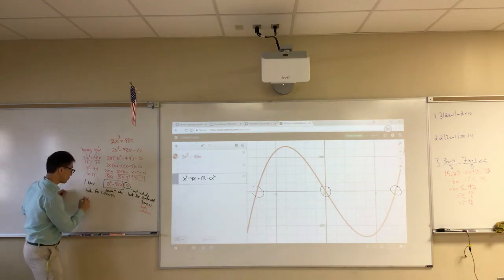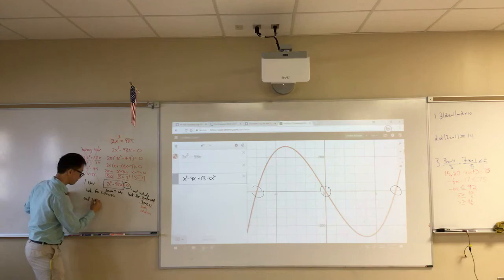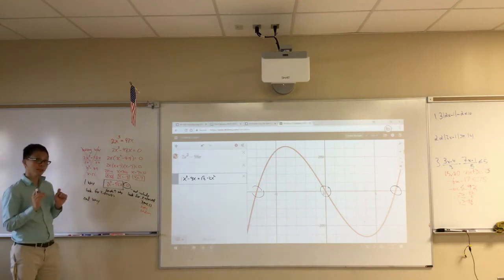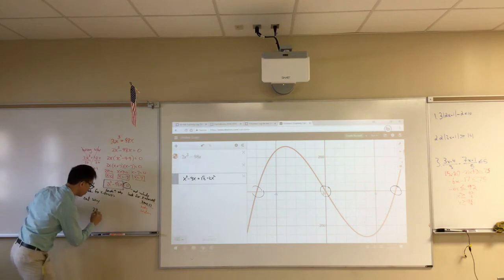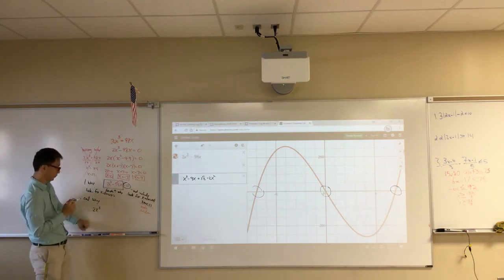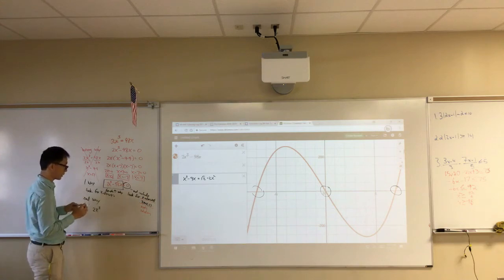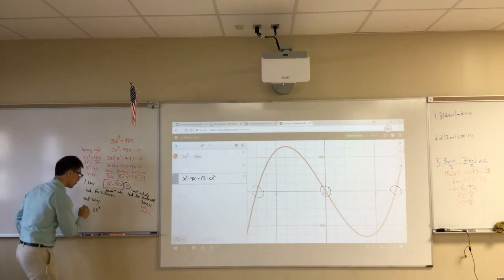Now the second way is also interesting. The second way is I'm going to graph this function, 2x to the 3, as the first line.